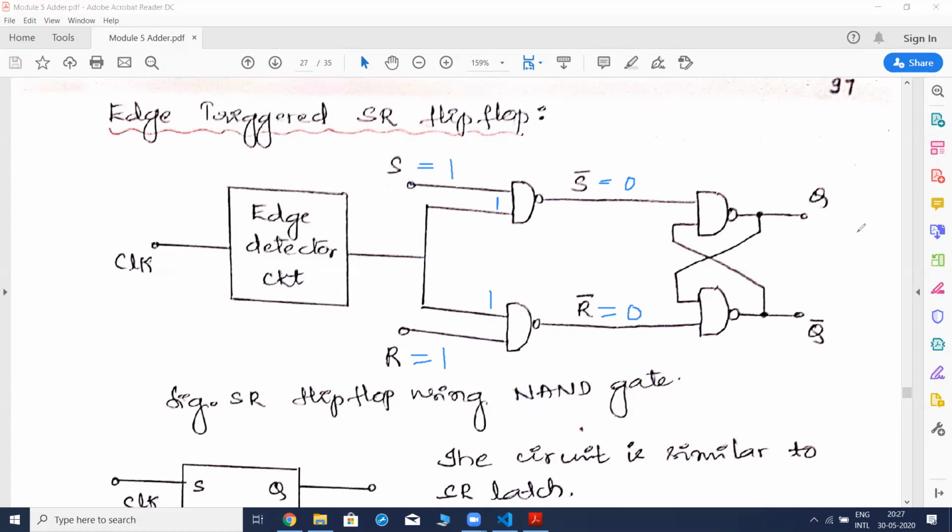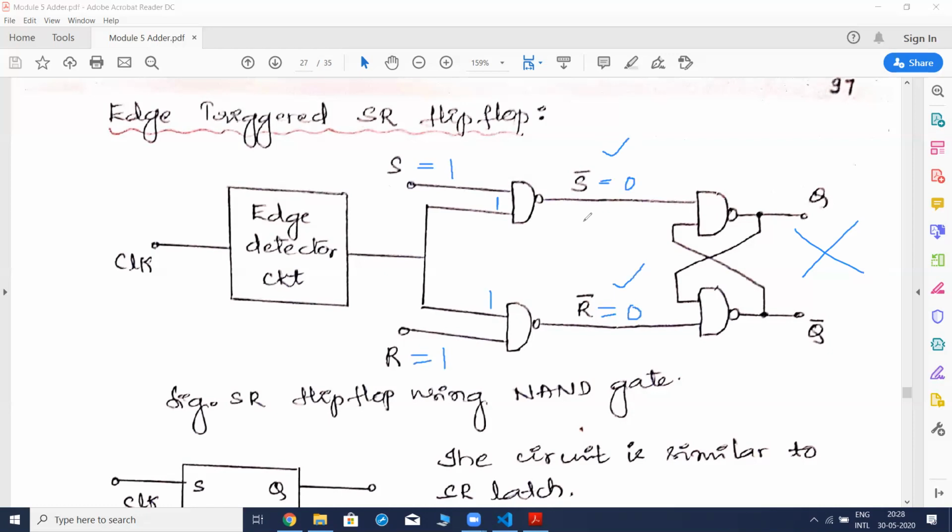This cannot happen in a flip-flop because our outputs must be complement to each other. So we cannot have this particular condition, which is called the indeterminate state, or the invalid state. We get this invalid state because of our inputs S equal to 1 and R equal to 1. Obviously our clock input must be 1, so we'll get S bar as 0 and R bar as 0.